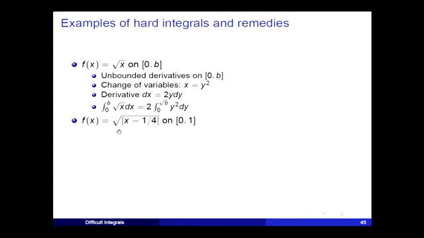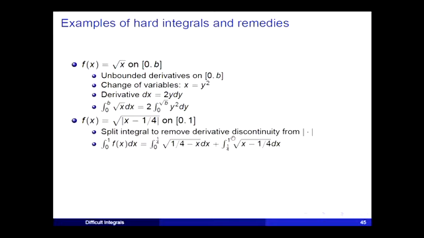Similarly, if you have a function like this, where there's a jump here at 1/4, then you can split the integral into two integrals. And then for this one, you use this transformation again and make it C4, and then you can apply the quadrature. Or suppose you have a lot of oscillation.